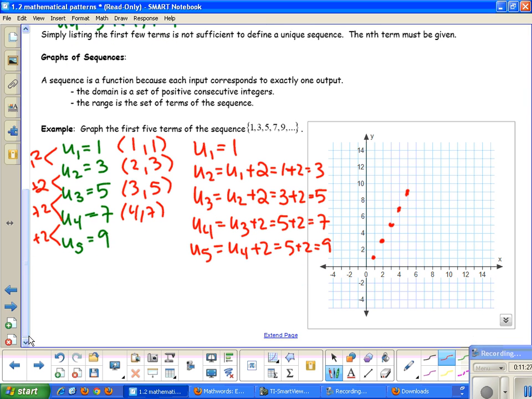If I wanted to keep going, I could, but instead, to get to my nth term, what did I do? All these are u sub n minus 1, the previous term, because if you take this number here, 5, and plug it in here, 5 minus 1 would be 4. That gives me my previous term, plus my common difference, 2. So this would be my recursive form.